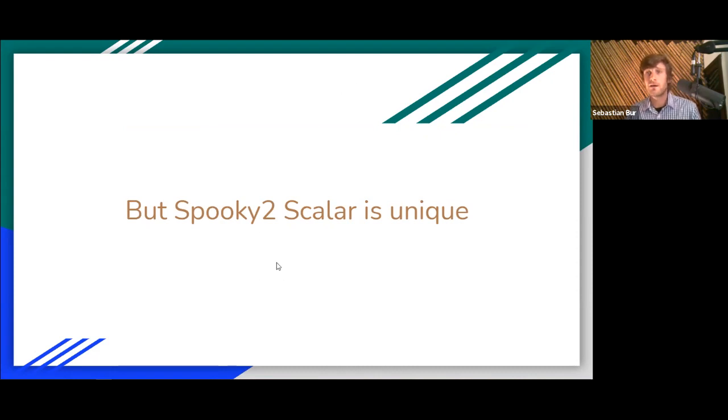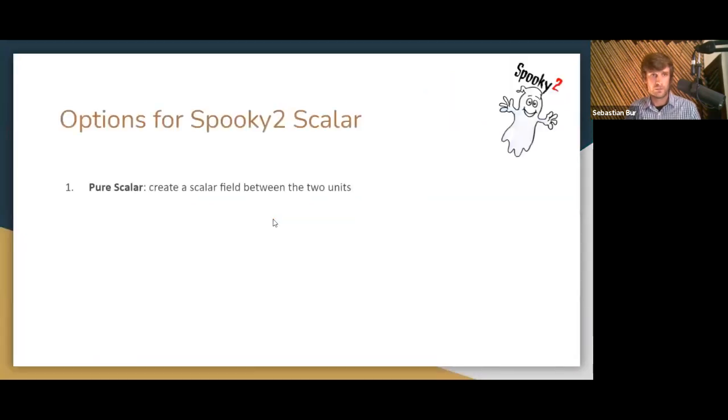So now to the exciting part, because Spooky2 Scalar is not just the scalar field, it's in its form very unique because we can combine it with other things. So there are different options we have with this Spooky2 Scalar machine. So we can make a pure scalar field.